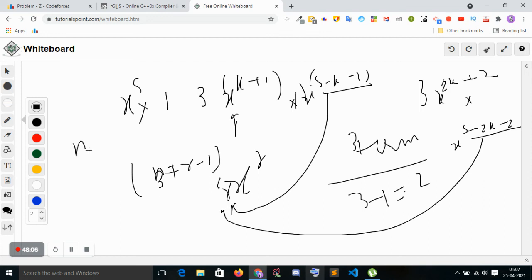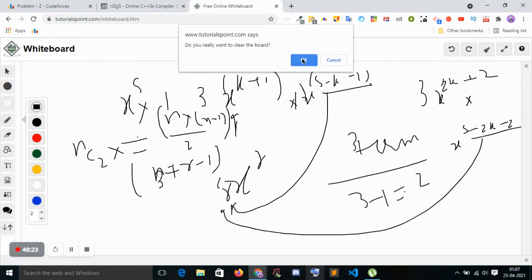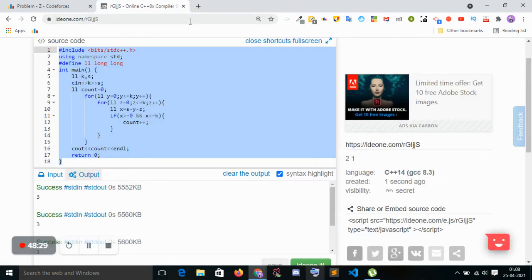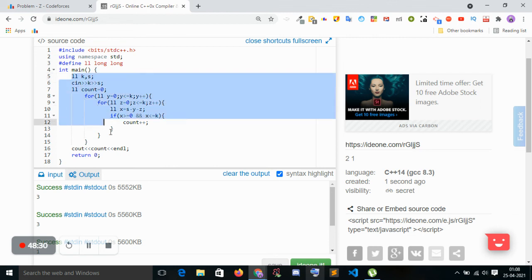Whenever the formula is nC2, it is n into n minus 1 by 2. We are not using combination, we just use this formula, n into n minus 1 by 2. Let's try to solve this problem. If you get any problem just comment it out. This is a little bit tricky, but we'll try to solve it.